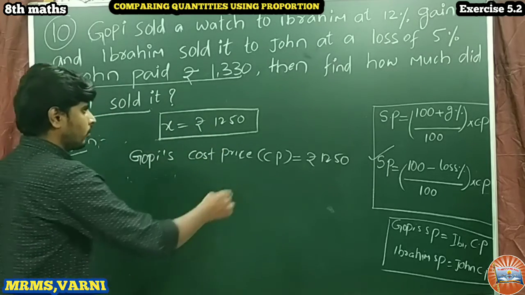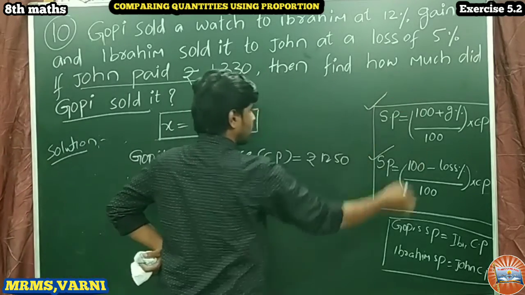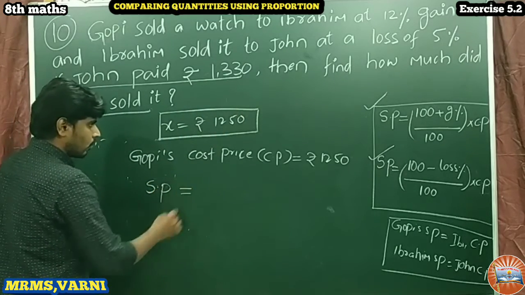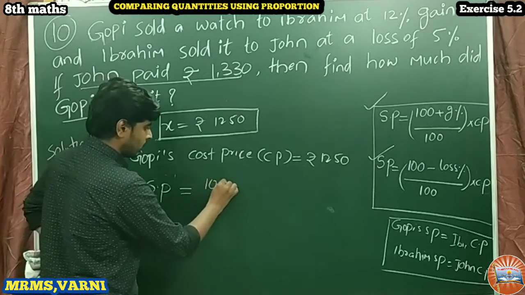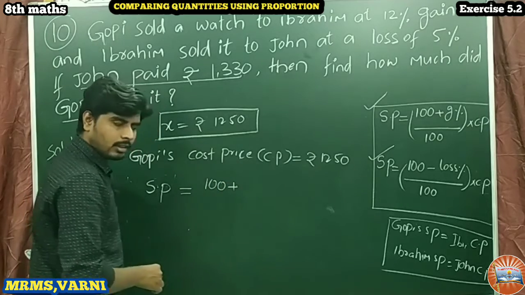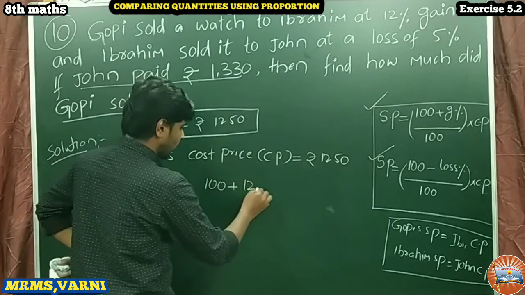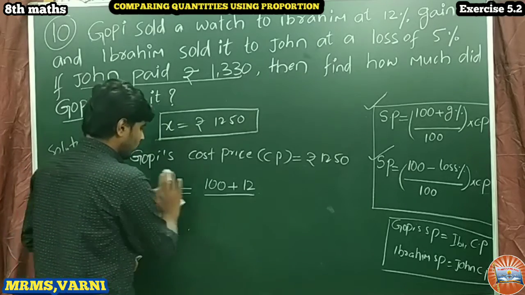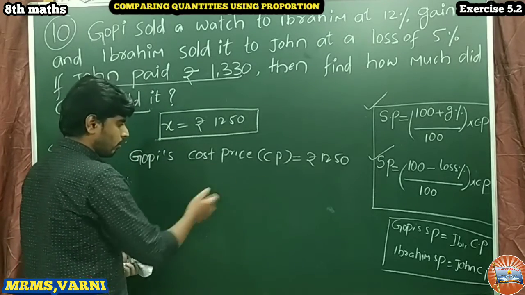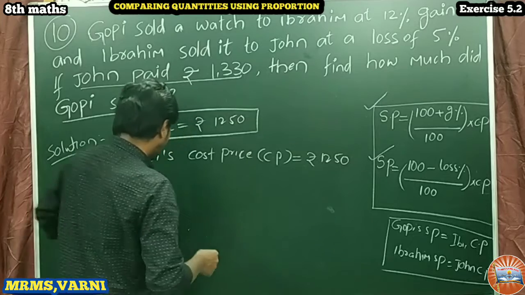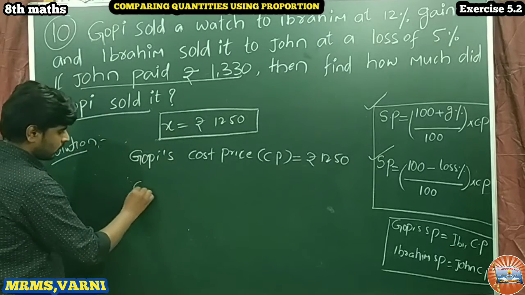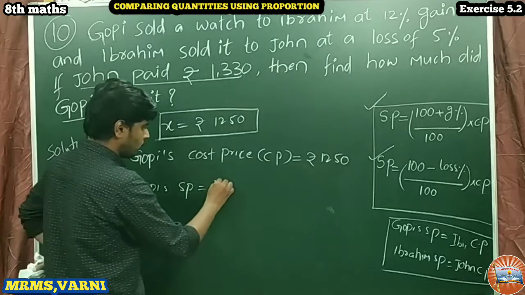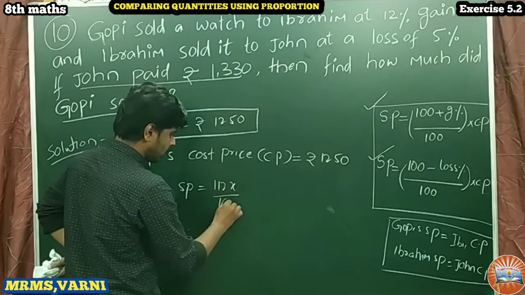We have the same formula. Use this formula. So SP of Gopi is equal to 100 plus the gain. How much gain? 12% gain. We already have that. We can find this by using the formula, or else we already have it: Gopi's SP is equal to 112x by 100.